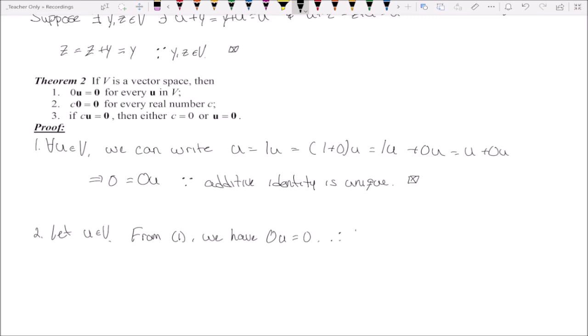So, therefore, for all real numbers C, we have C times the additive identity is equal to C times 0u, which of course we can write as C0u, which equals 0u, which is again the additive identity as desired. So if you take C times the additive identity, you just get the additive identity back.